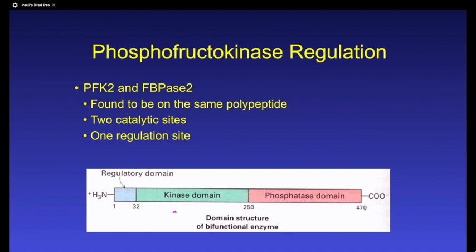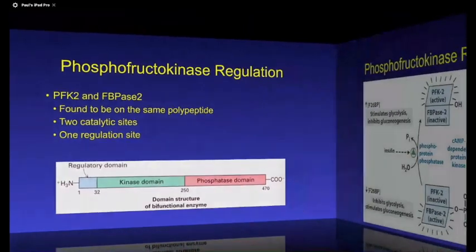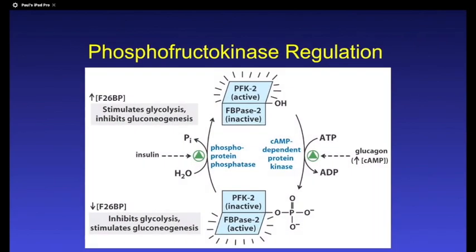And so dual control happens with the same signal. What is that signal? In regulation of metabolism, we always compare and contrast two things, and then we have a third that's kind of an exception to the rule. Here are the two things.